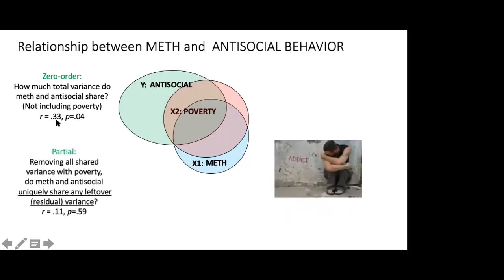But if we remove all shared variance with poverty, do drug use and antisocial behavior uniquely share any leftover residual variance? The answer might be no, they actually do not, as is illustrated here. In this case, they do not share any significant variance with each other.